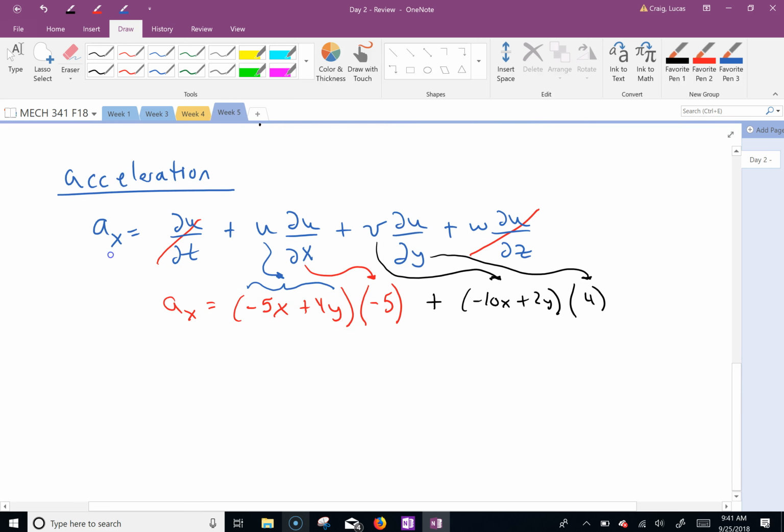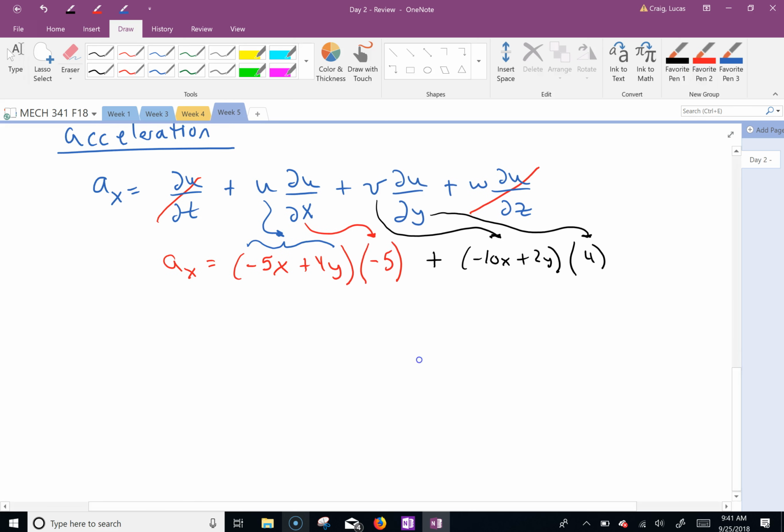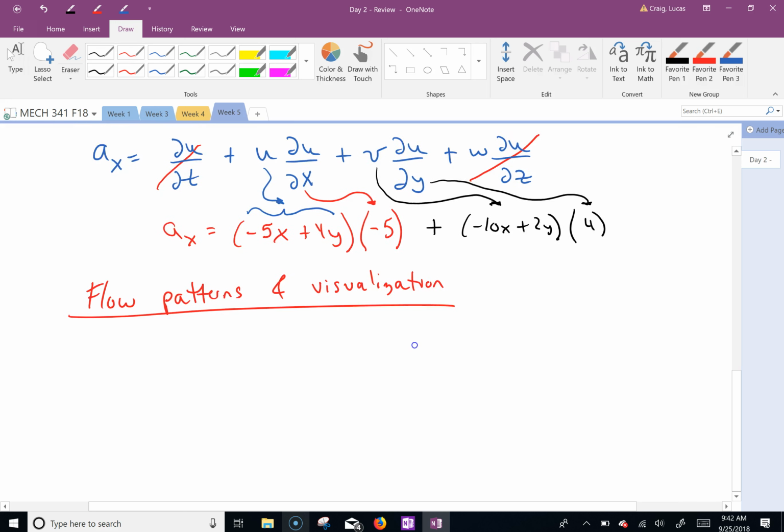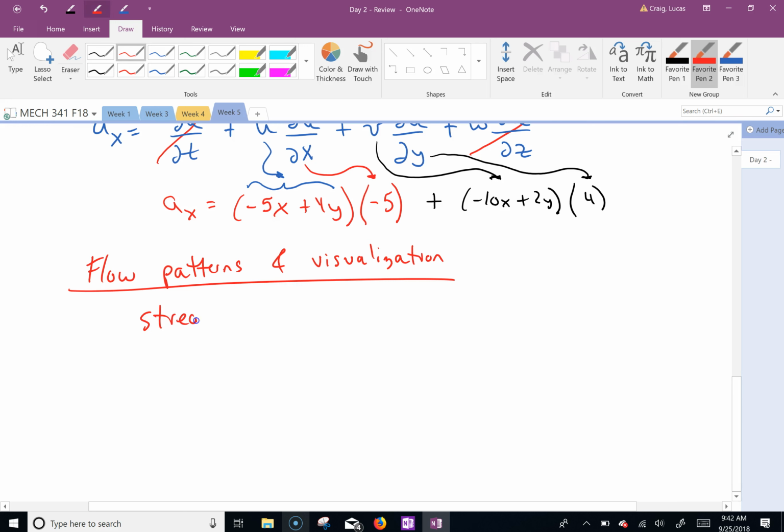is kind of like flow patterns and flow visualization. So there's streamlines. Stream tubes. There's path lines.